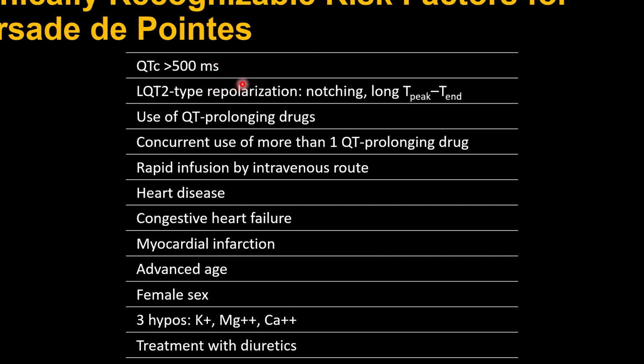QT prolonging drugs, concomitant use of more than one QT prolonging drug, heart disease, heart failure, acute MI, advanced age, and what I call the 3 hypos: hypokalemia, hypomagnesemia, hypocalcemia.